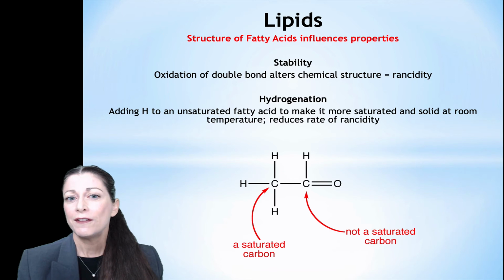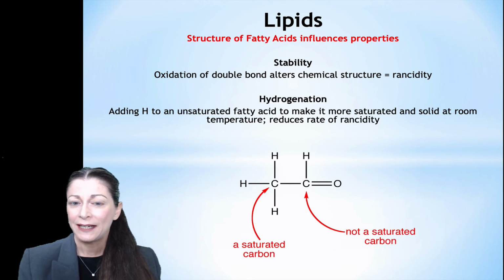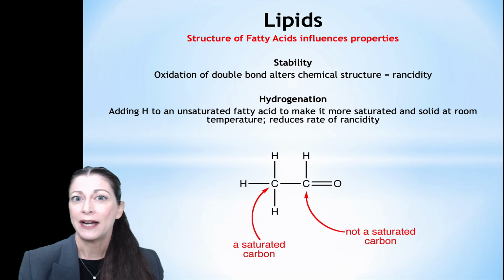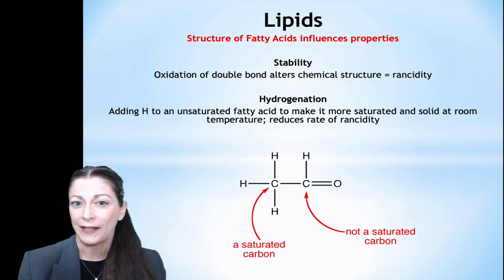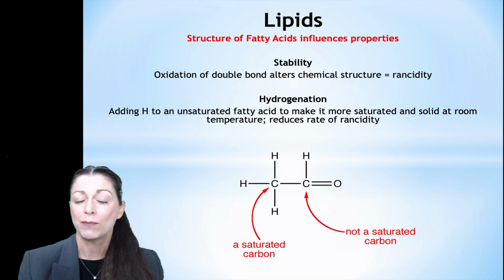So the structure of the fatty acid influences also the stability of the molecule and whether or not it's hydrogenated. So the stability is related to the location and the presence of a double bond. When we have a double bond, it's easily broken, and that double bond can be broken through a process called oxidation.